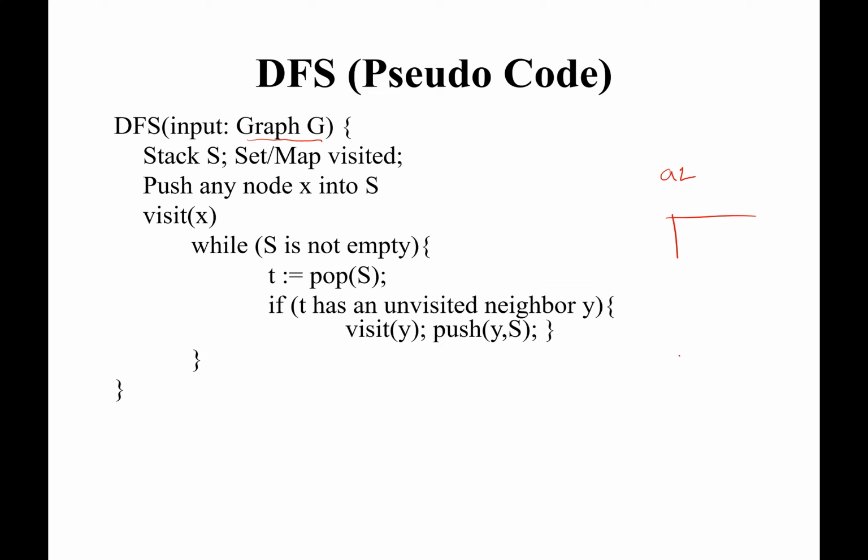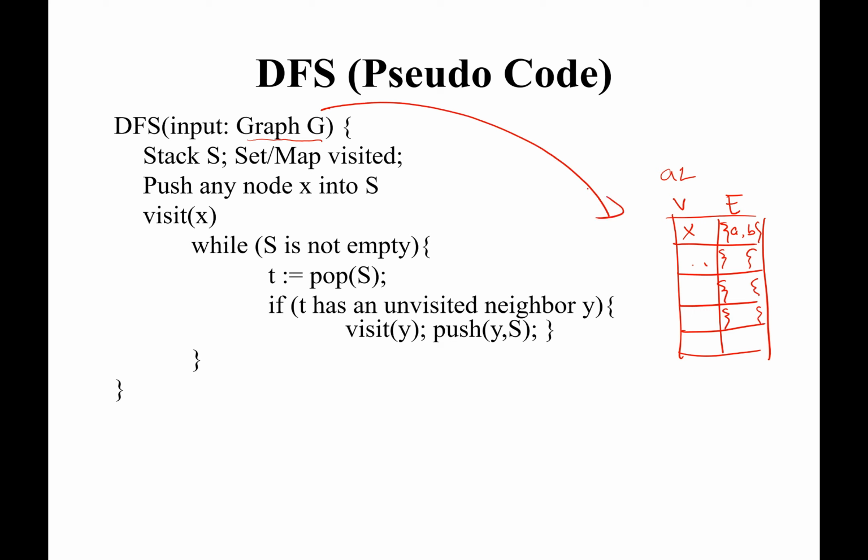That means we'll have the list of vertices, and this is the list of edges for each vertex. So X has, suppose, two neighbors, A and B, something like that. Similarly, other vertices will have their neighbors. So this is an adjacency list representation of the graph.